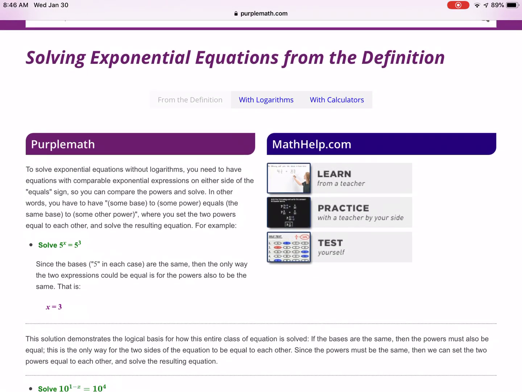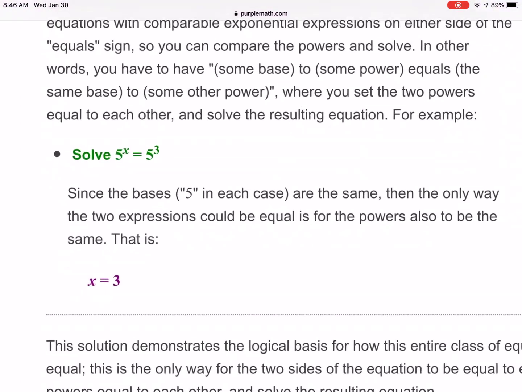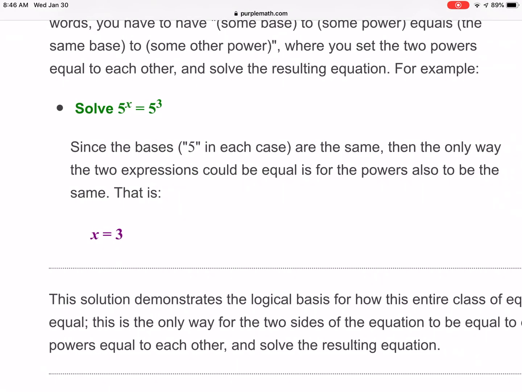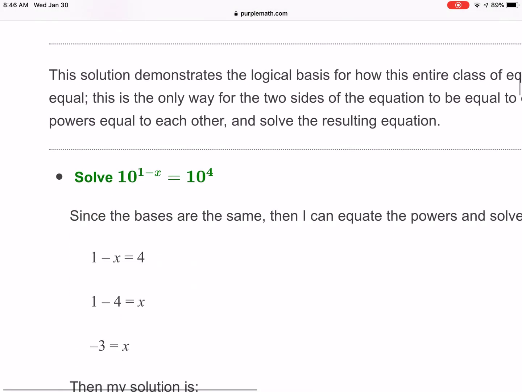There are 2 ways to solve exponential equations. One is from the definition, and that is this way. That is understanding that if you have something like 5 to the x equals 5 to the third, since both the bases are 5, that implies that x has to equal 3 for them to be the same. Now that one was an easy one.